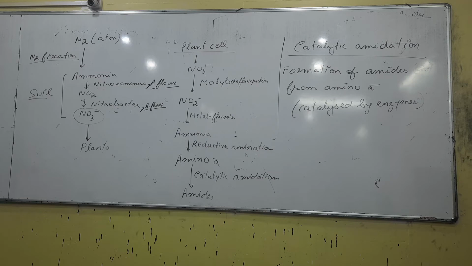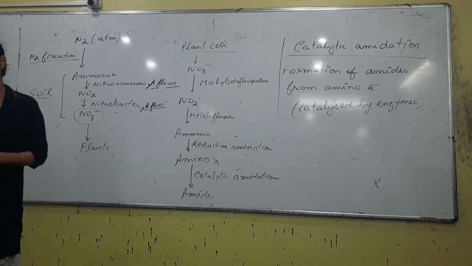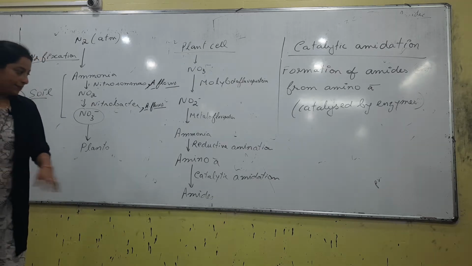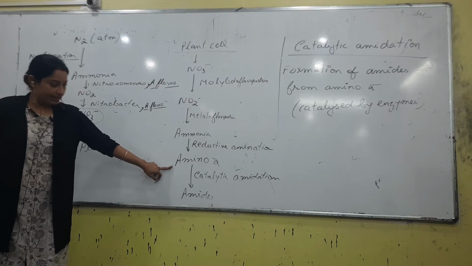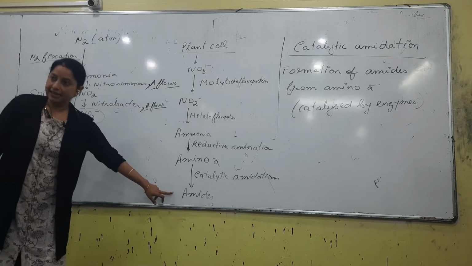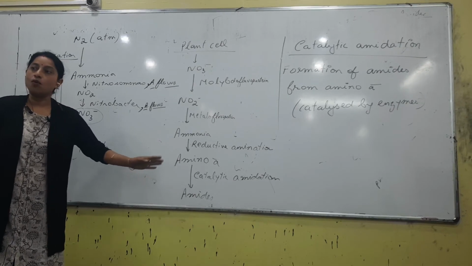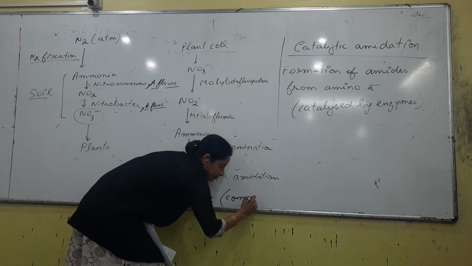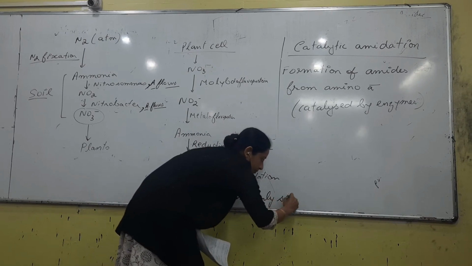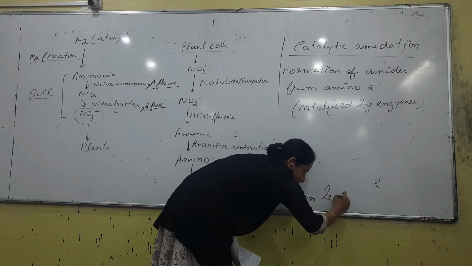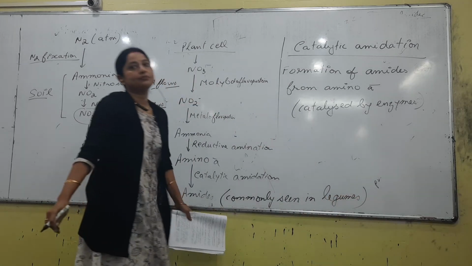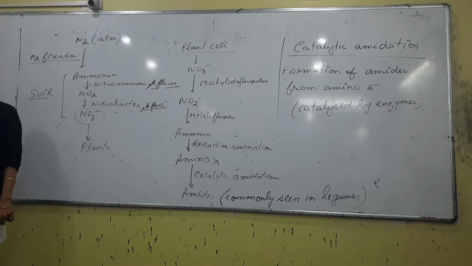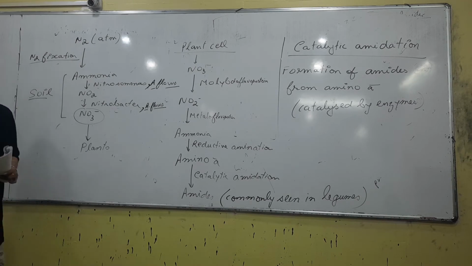Okay, come to that part, catalytic amidation, the last part, something about legumes. Okay, this conversion of amino acids into amides has been commonly seen in legumes, because for nitrogen fixation we remember that one only as common nitrogen fixation in leguminous plants.